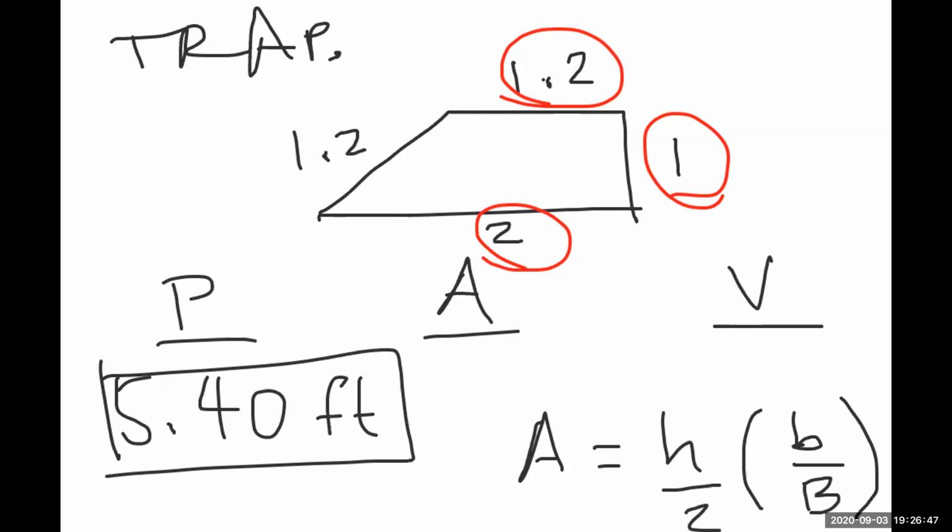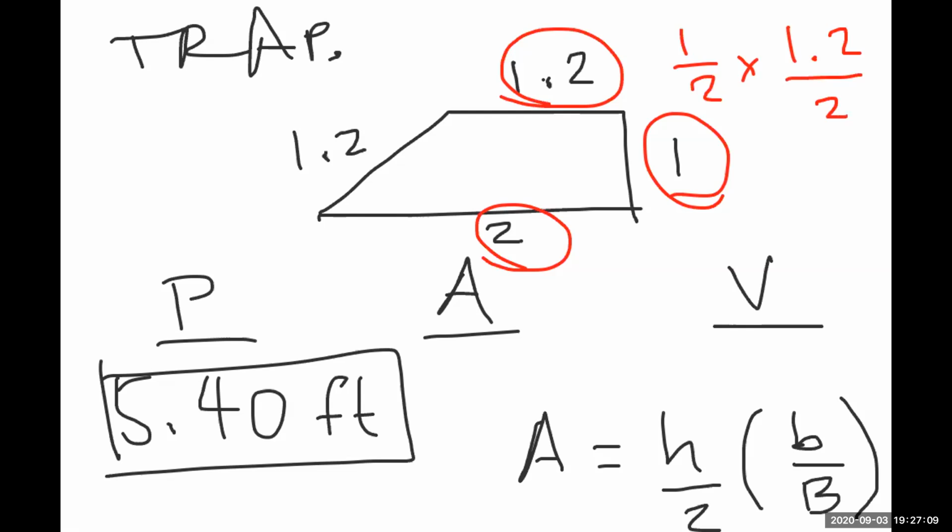So if we did our handy dandy calculations, the height is 1, so 1 divided by 2 times 1.2 over 2.